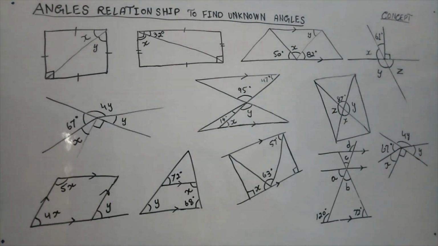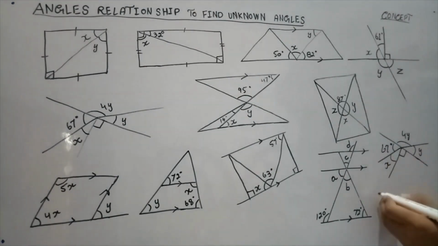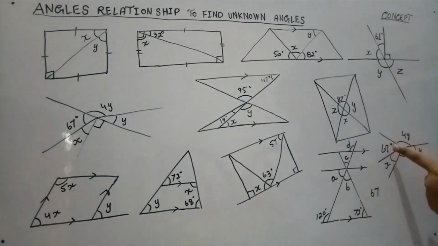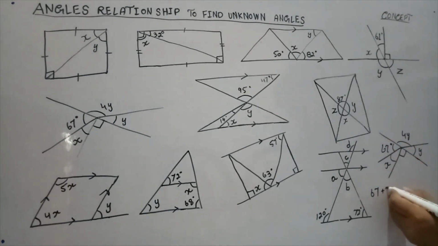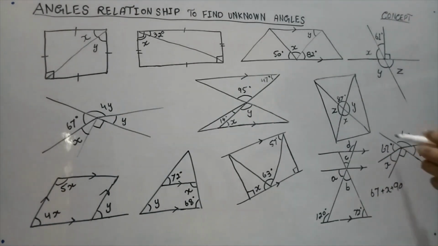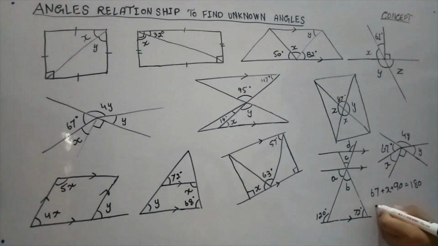Alright, so first of all, by applying straight line angle, we will find the value of X. It means that this 67 degree, if I add 67 and X and 90 degree, so these three angles are present on a straight line. This is a straight line, so it will be equal to 180 degrees. So if I add 90 and 67, it will answer me 157 degrees.